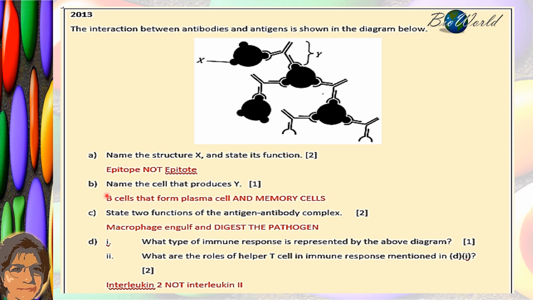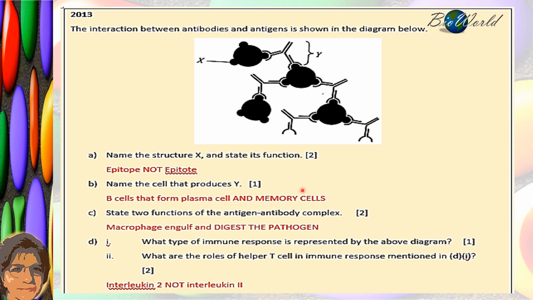Okay, but at STPM level, they want the answer to be more in detail. So some students, of course, they move on to say plasma B cells. Okay, but like I said, MPM requires very in-depth answer whereby you have to tell the cell that produces Y are actually two types of B cells, that are the plasma B cells as well as the memory B cells.